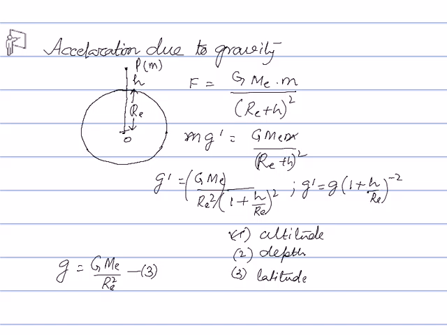Now h by R_E: the radius of Earth is 6,400 kilometers, very huge, so this term is very small. In binomial expansion, (1 plus x) to the power n can be written as 1 plus nx, and we can neglect the higher terms.